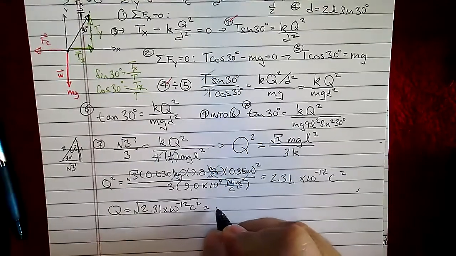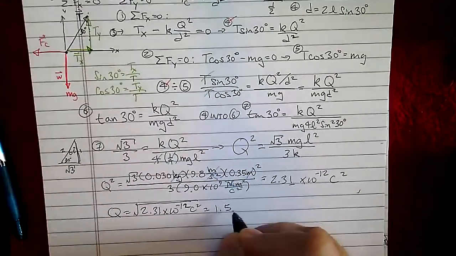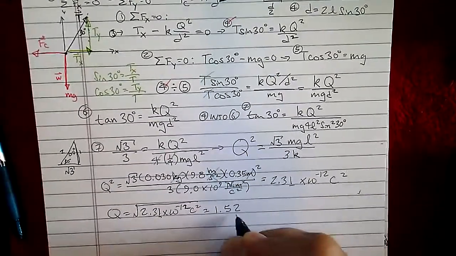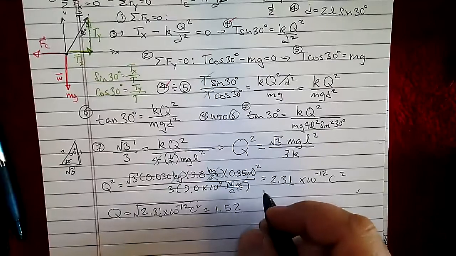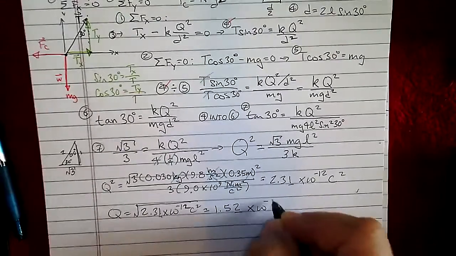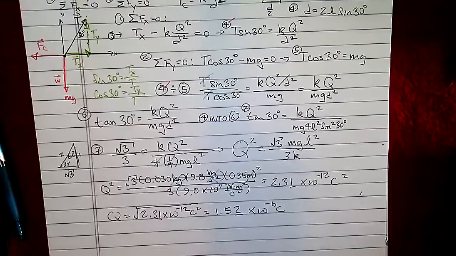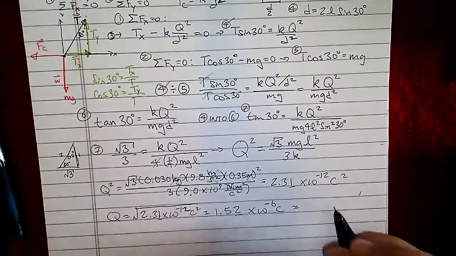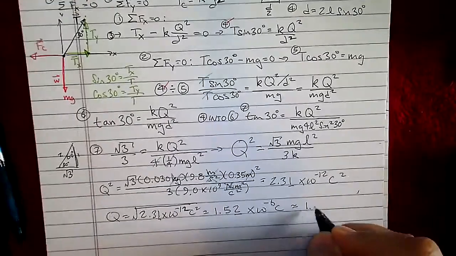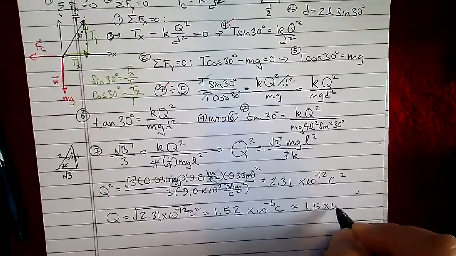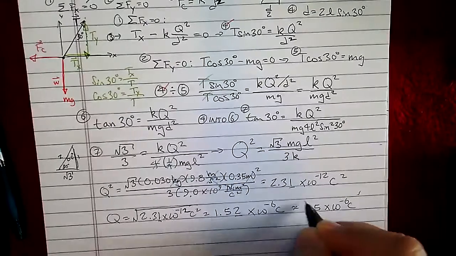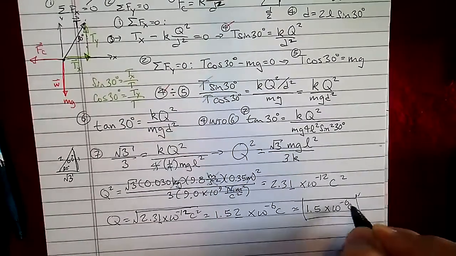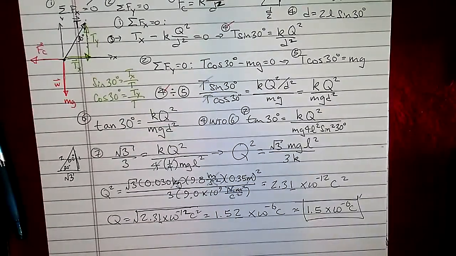Well, it's 1.52 actually, times 10 to the negative 6 coulombs. So using proper sig figs, we should get 1.5 times 10 to the negative 6 coulombs, or 1.5 microcoulombs, is the charge necessary for that static situation.